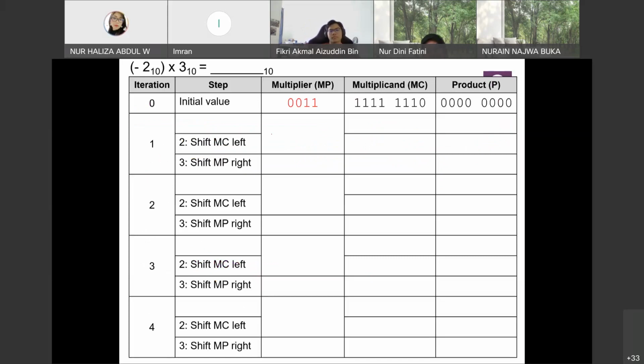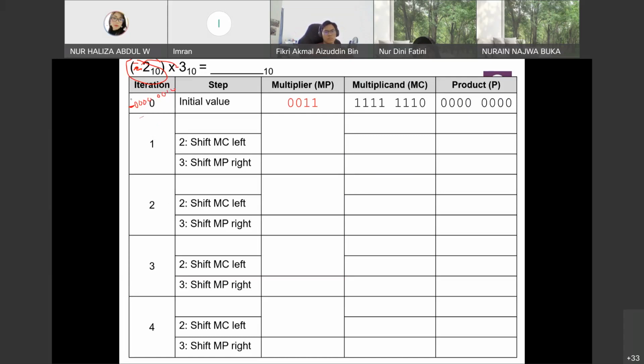Using this, you're going to do the same. Over here I'm going to go a bit faster, because we already looked into it one by one just now. Just now the question was minus 3. We change it to be minus 2. This one, you cannot just apply minus 0000 0010. This is 2 in binary. You cannot just put it like this.